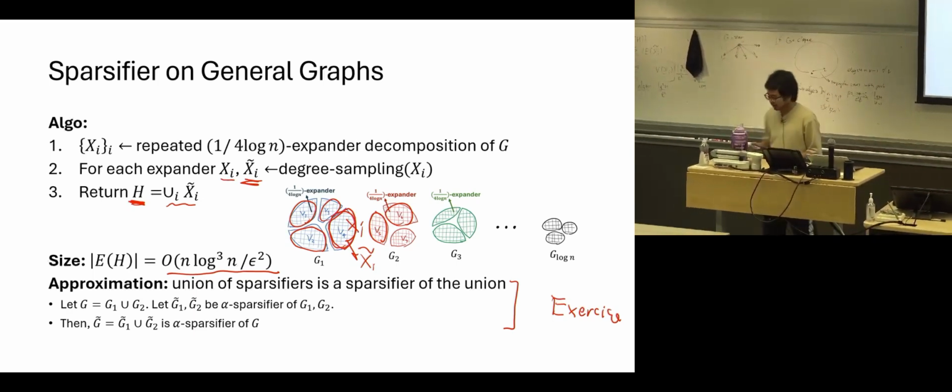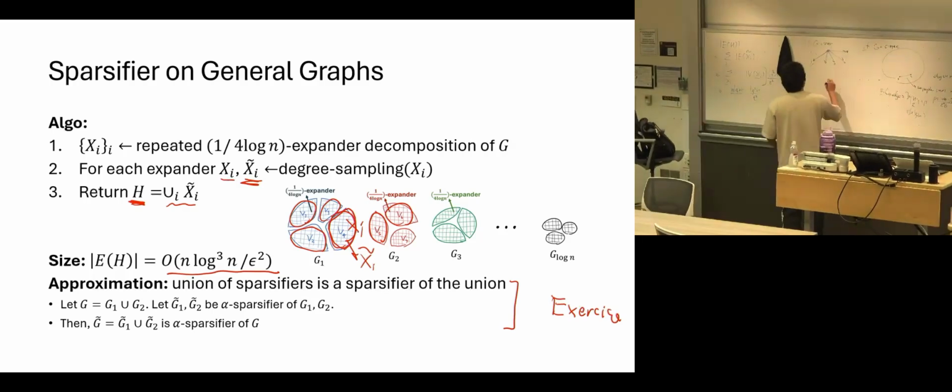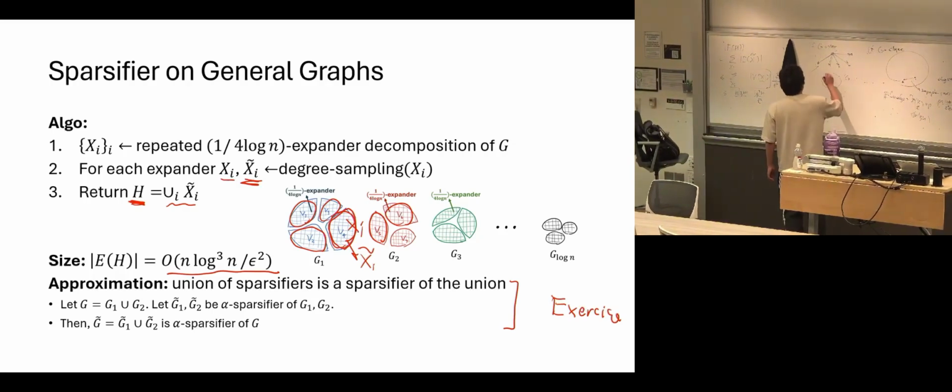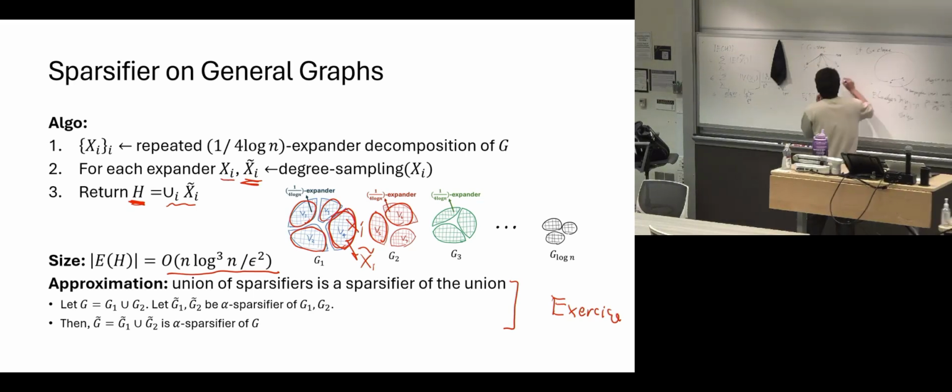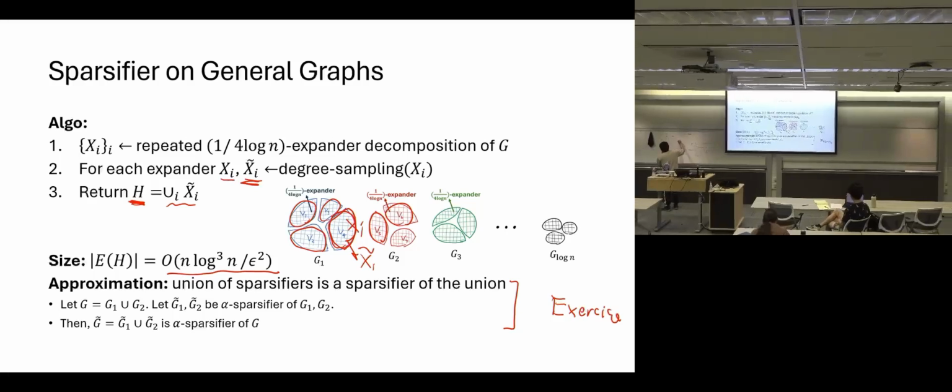The idea is just that if you have G and you look at any cut, V minus S, S, then the cut size in G, where I partition it into G1 and G2, is exactly the cut size in G1 plus the cut size in G2.